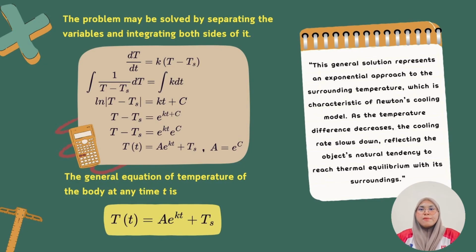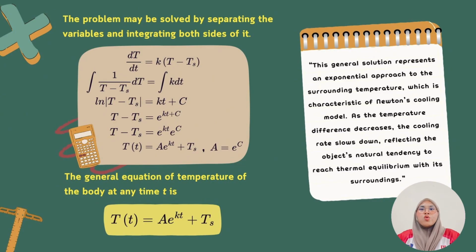Next, integrate both sides and evaluate the integral of 1 over (T - Ts) dT, which is the natural logarithm, where c is the constant of integration. Next, remove the logarithm by applying the exponential function to both sides. Then I will write a new constant as A, since e to the power of c is just a constant.